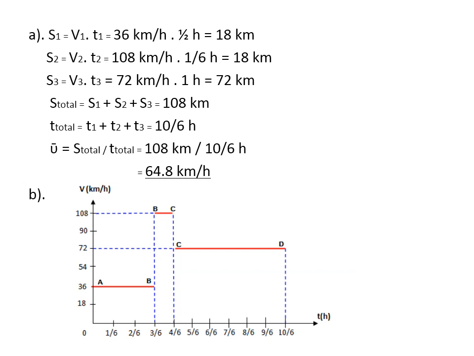And for the third motion, the car moved from C to D in the time interval between 4/6 hour and 10/6 hour with a constant speed of 72 km per hour.